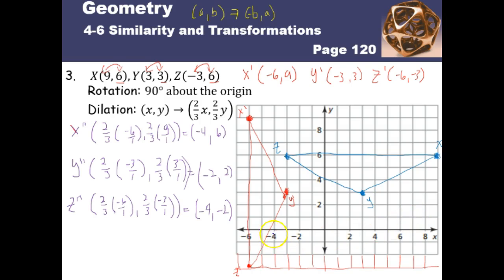So it looks like -4, 6, right there, is x double prime, and y double prime is -2, 2, and z double prime is -4, -2. Okay, something didn't happen right here.